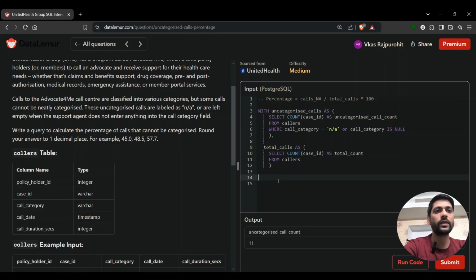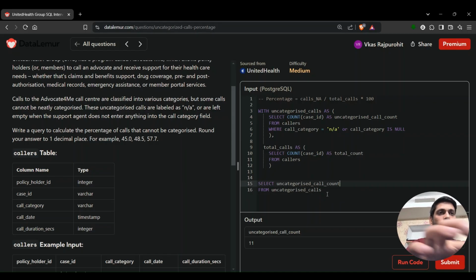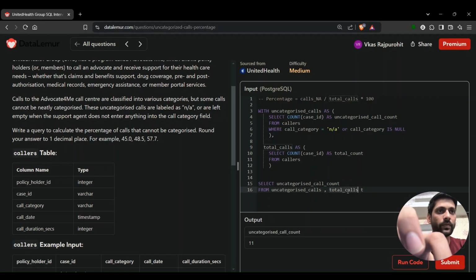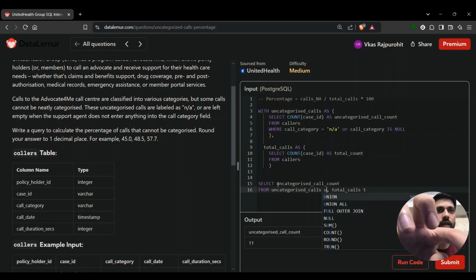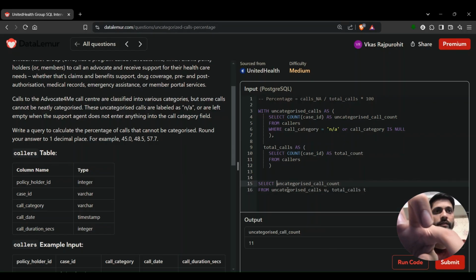Now we will write our final query. We need to get the percentage. So first we will divide. Select, and as I mentioned earlier, we always need to write our query from the table from which we need information. First we need information from the uncategorized calls table, but we also need information from the other table, total calls. I will give alias t, because the name is too lengthy and we need to use it again and again, and u for uncategorized.